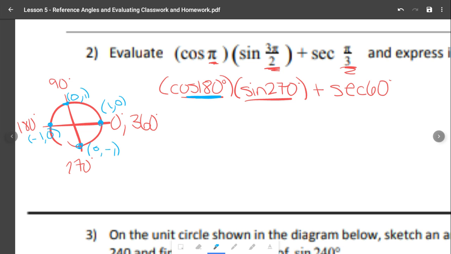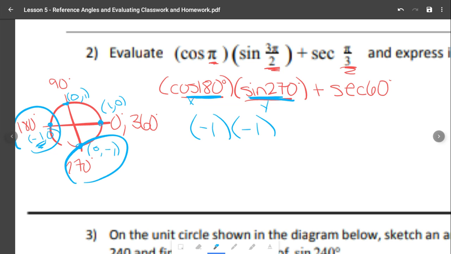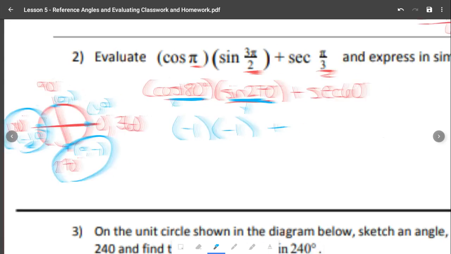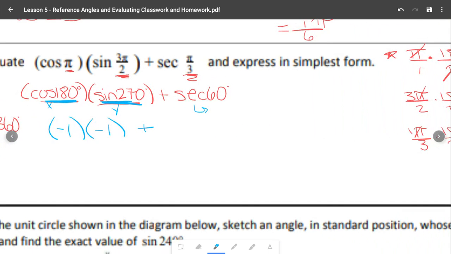Cosine 180, cosine is the x. So over at the 180, the x is -1. Sine 270, sine is the y. So down at 270, the y is -1. Plus, secant, remember, is the reciprocal of cosine.